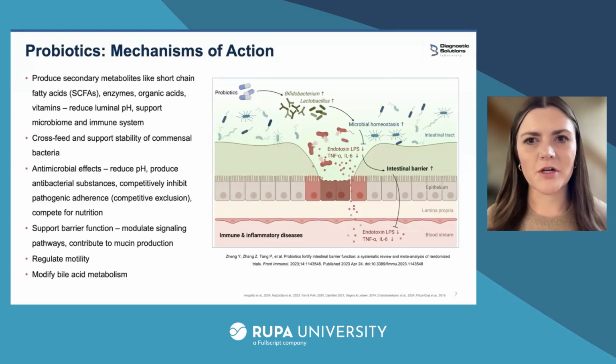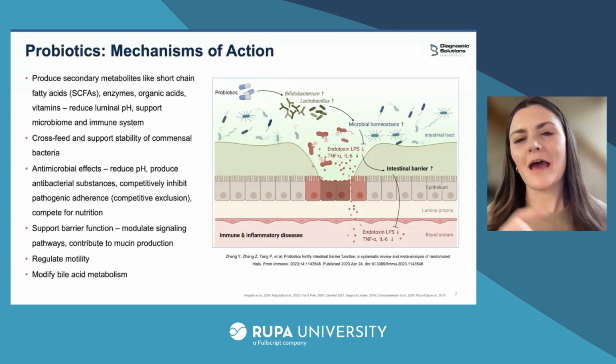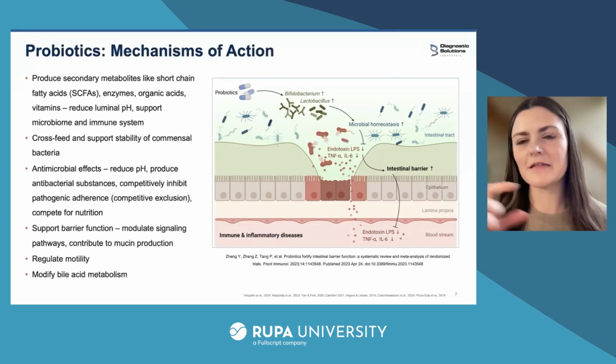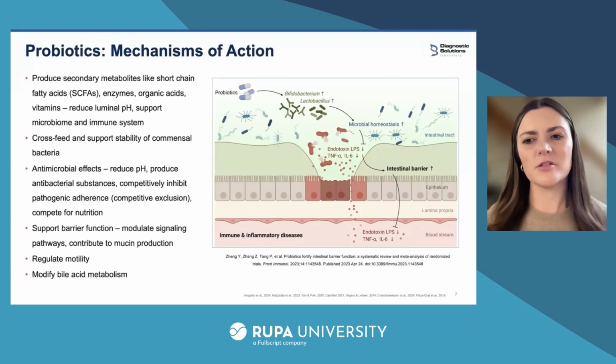If we look at the illustration on the right, we see our barrier. We see that one cell thick layer, epithelium, and then the green mucosal layer on top. That creates that barrier, that buffer between our lamina propria and the intestinal tract.